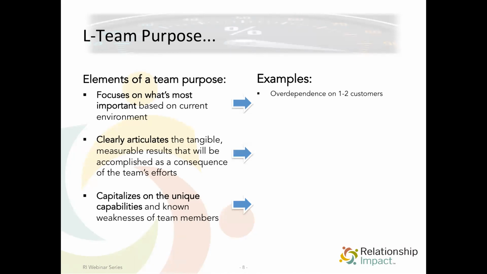And about 90% of that concentration was really on one customer. They recognized that in order to be a going concern, a viable entity, they had to grow, differentiate, and diversify their customer base.